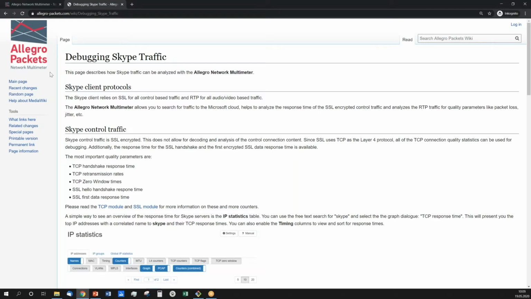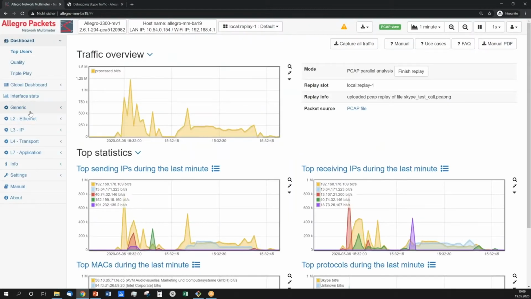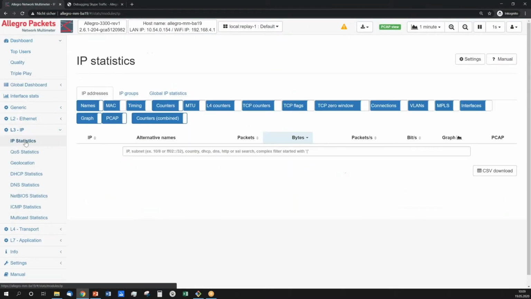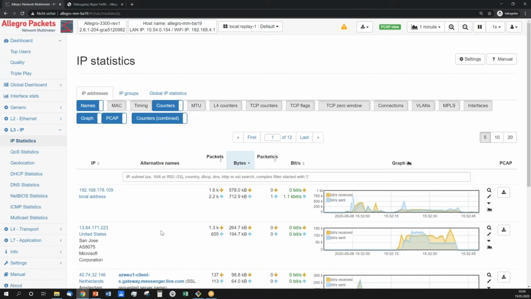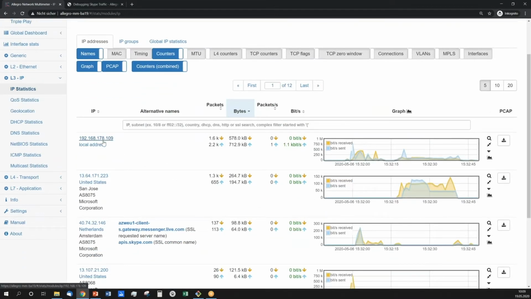Once we go to the IP statistics, for example, we can immediately see that for this PCAP I had my local address, of course. And here we see that was my setup when I logged into Skype, and part number 2 was my Skype call.